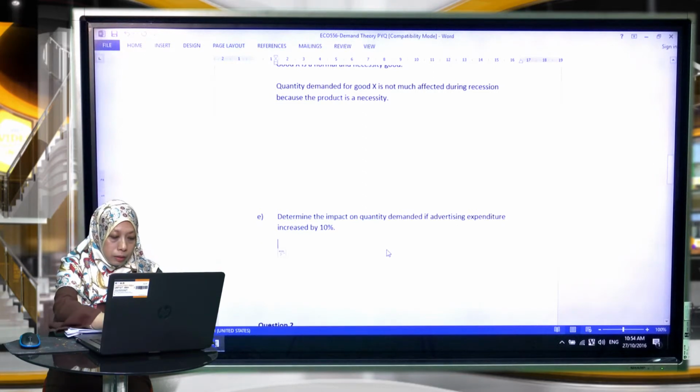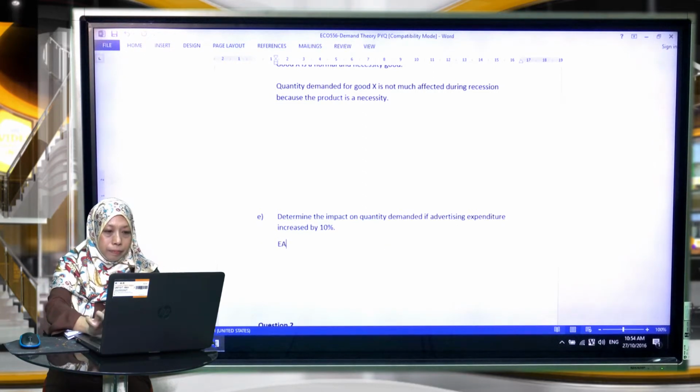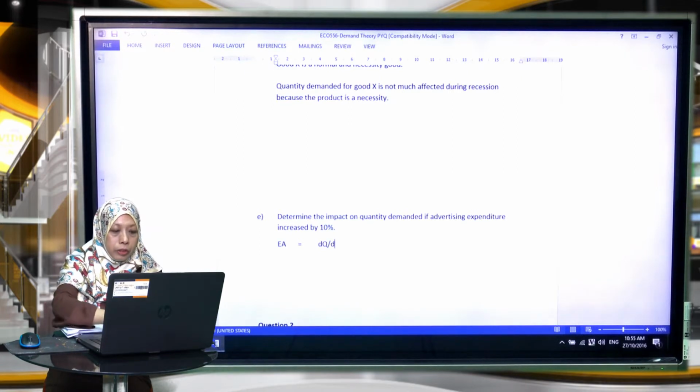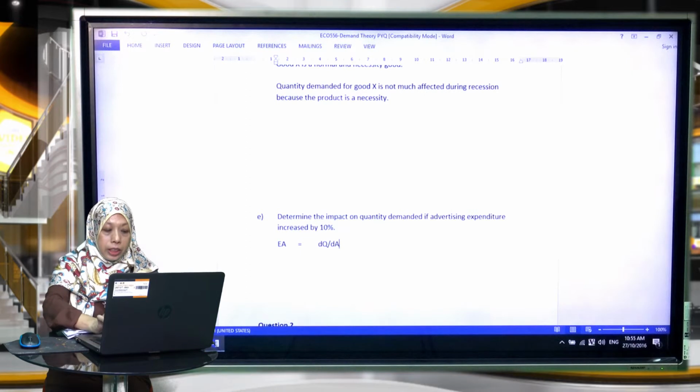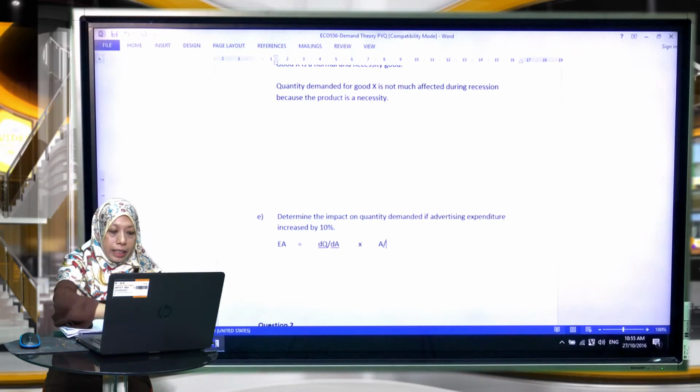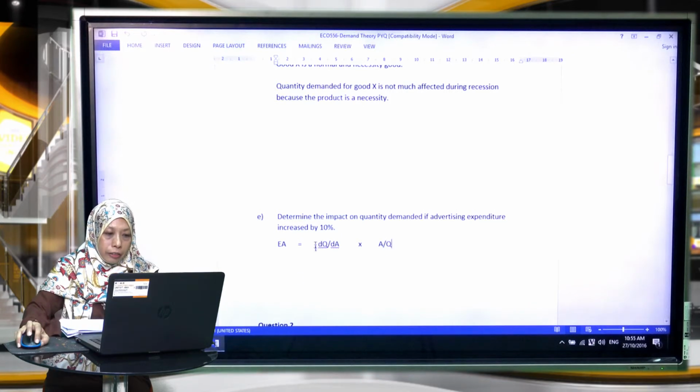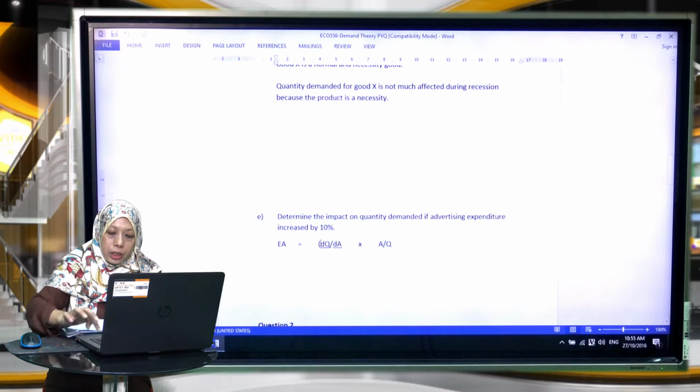So, to answer this question, we need to calculate the advertising elasticity. Advertising elasticity requires you to differentiate your demand function with respect to advertising, and then multiply by the value of advertising divided by the value of Q.